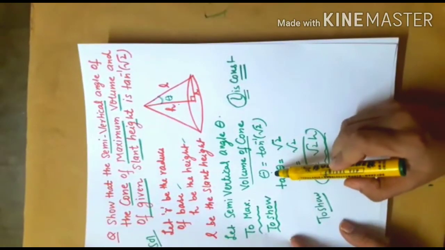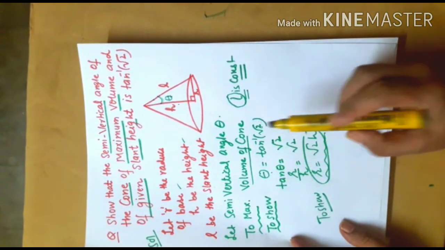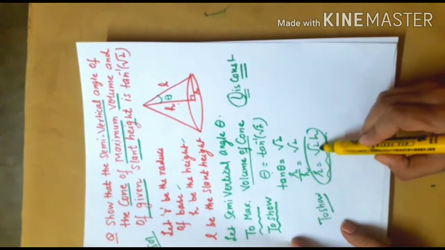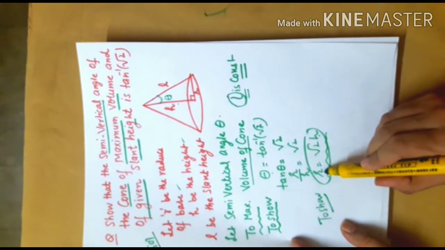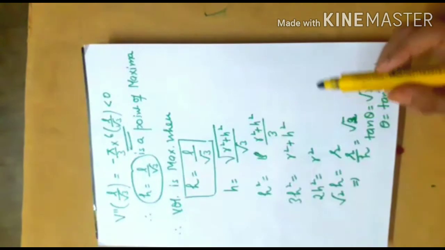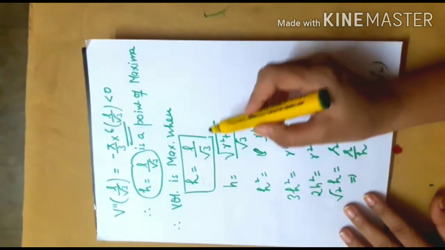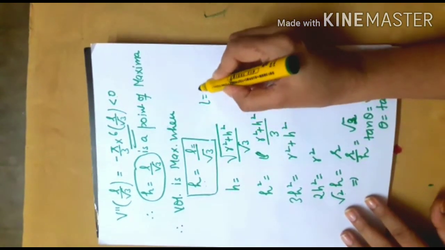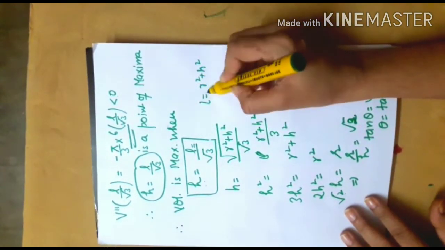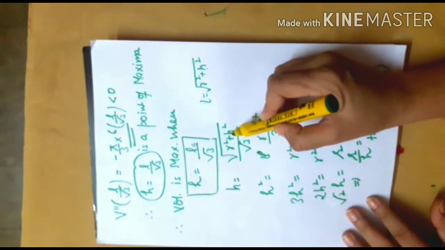Now look here. I wanted to show that theta is tan inverse root 2, that is, I need to show r is equal to root 2 h. That means I need a relation between r and h, but here I'm getting a relation between L and h. So I need to change this. We know that L is equal to the square root of r square plus h square, so I replace L with this.